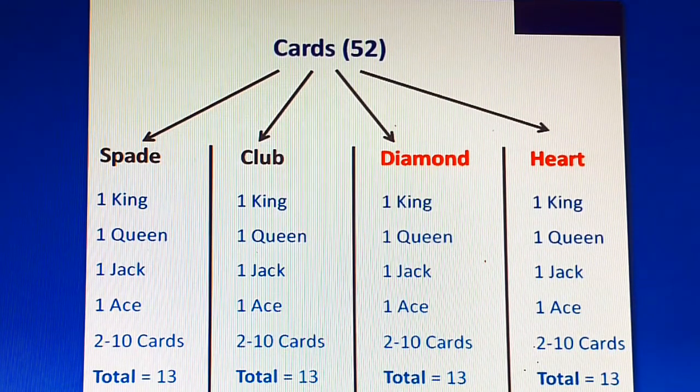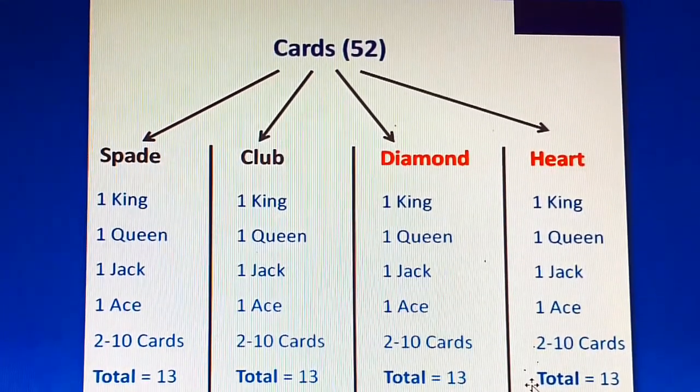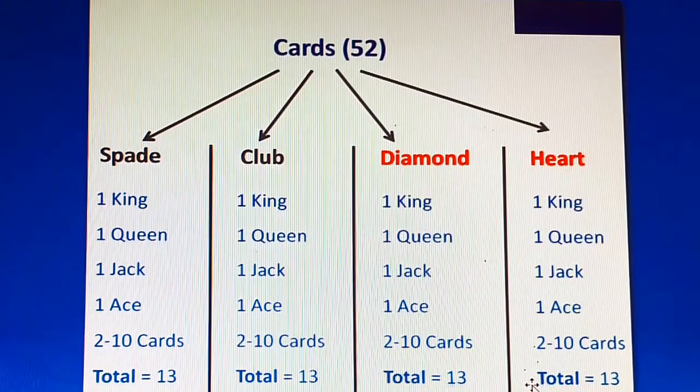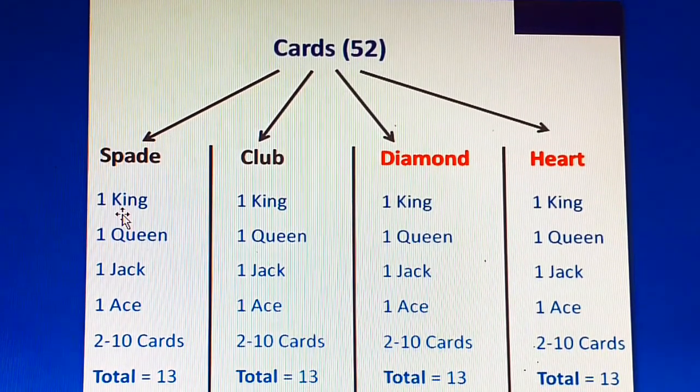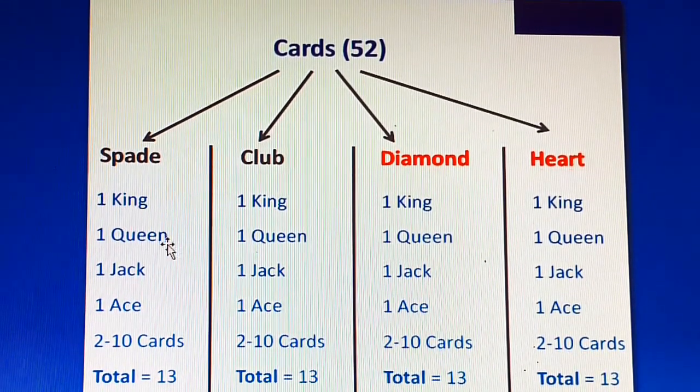You have 13 spades, 13 clubs, 13 diamonds, and 13 hearts. And how many kings do you have in the spade? One king, one queen, one jack, one ace, and the number cards from 2 to 10. Ace is called number 1.